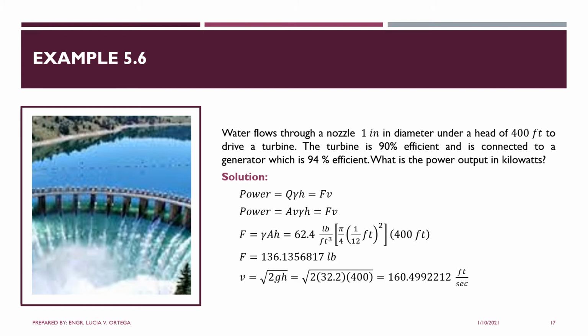What is this head? An example: suppose you have a water tank elevated at a certain height, connected to the faucet in your sink. Once you open the faucet, water will flow. When the water tank is full, the velocity is very fast; you can fill a glass in a few seconds.